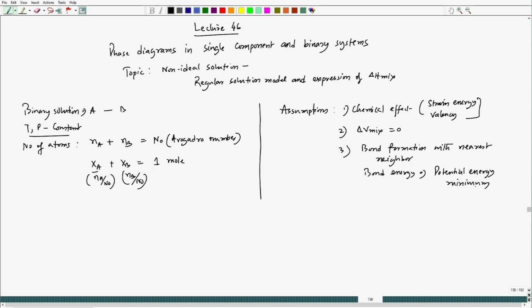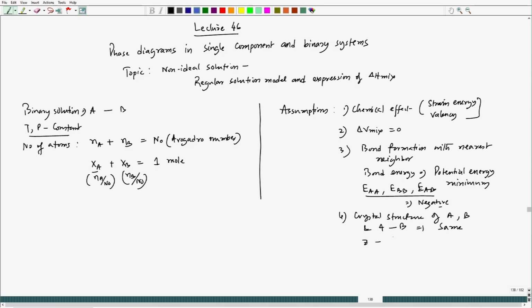Between two atoms, what are the bonds we have considered? EAA, EBB and EAB, and all are negative. Fourth is crystal structure. Of pure metal A and B, as well as AB, all are the same.